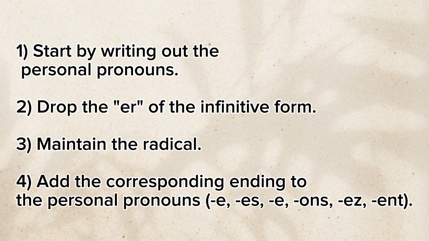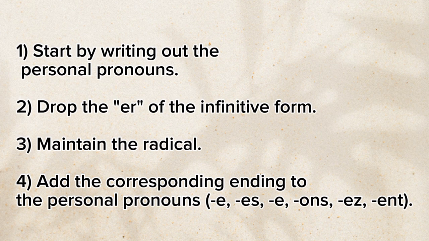Let's take examples. Parler, to speak. You write the personal pronouns first: je, tu, il, elle, nous, vous, ils, elles. After that, the second step was to drop the er at the end. So I will drop the er and I will maintain the other letters.